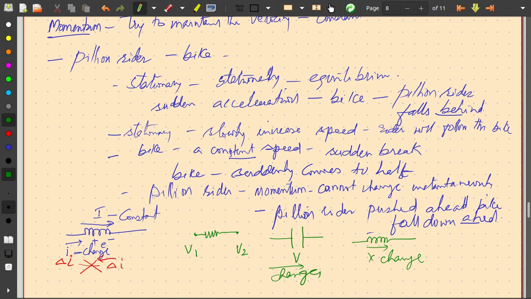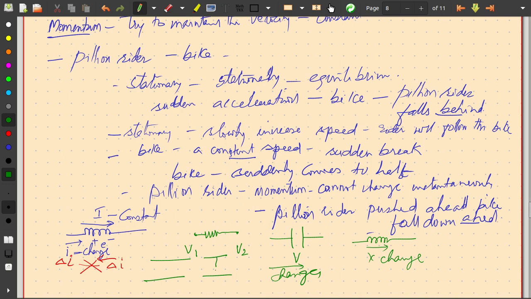So this can be considered in various forms. If you use a capacitor in series, then from input to output, the changes are allowed. If you use an inductor between input and output, then only non-changing parameters are allowed.